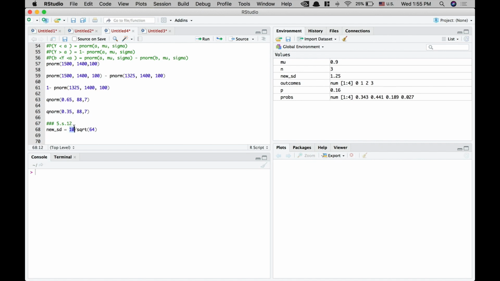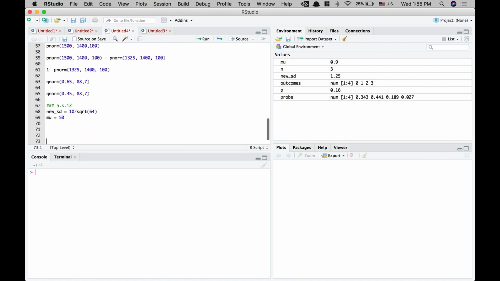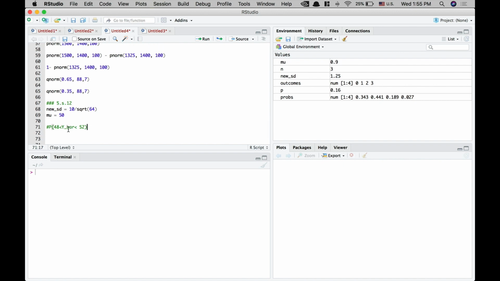I used the original sigma divided by the square root of the sample size, which is 64. And in the first case, we are already given mu, which is 50. So what we want to find is the probability of y bar that is between 50 minus 2, which is 48, and 52.